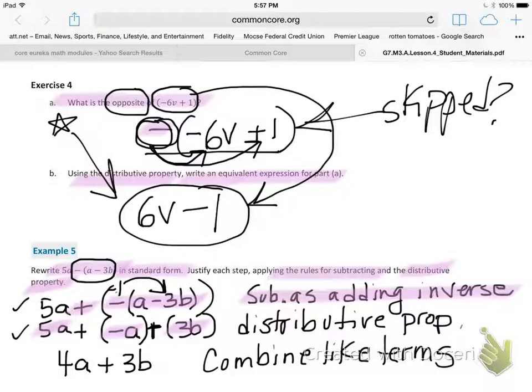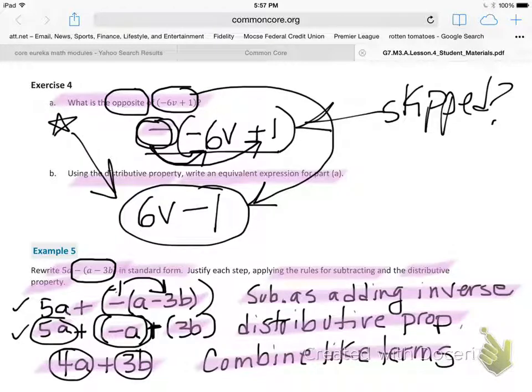That was the distributive property there. Now if I combine like terms, I take my 5a and my negative a. If I add those together, I end up with 4a. And then my 3b is there, so 4a plus 3b is my final answer.